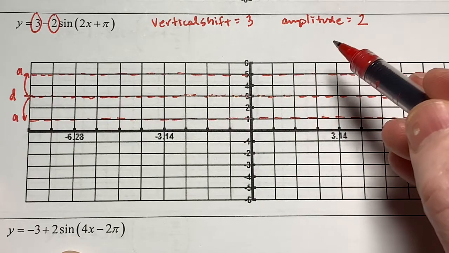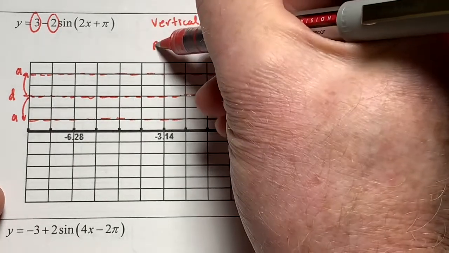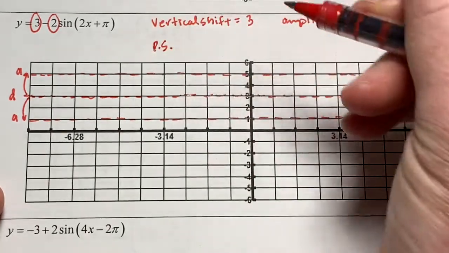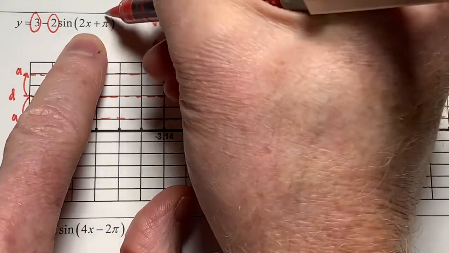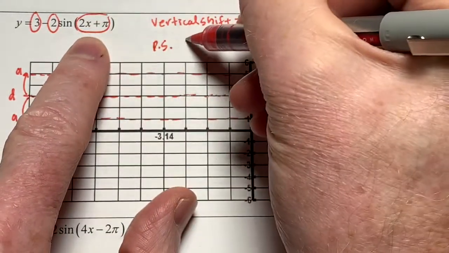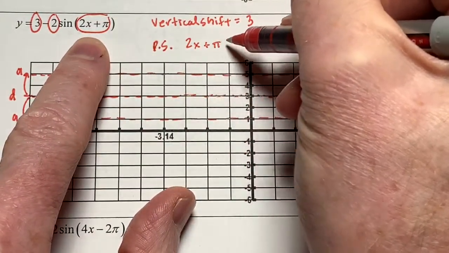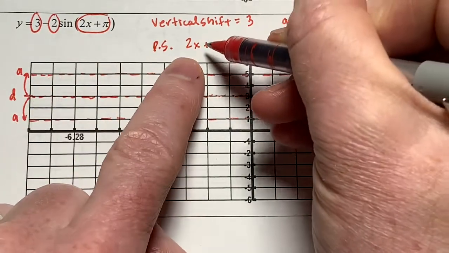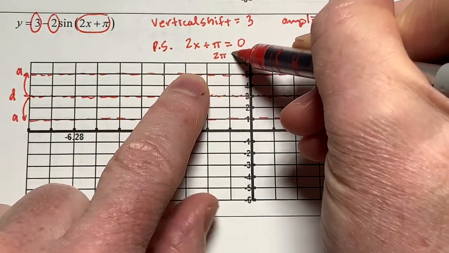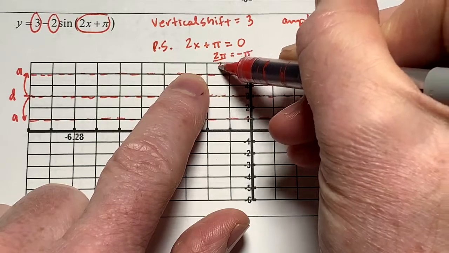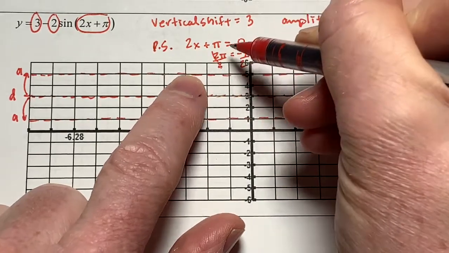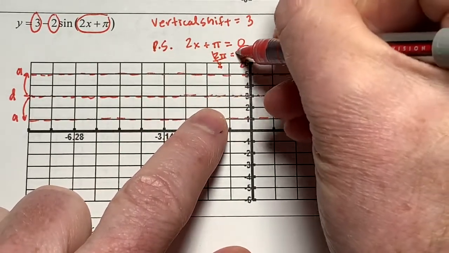The next thing I want you to find is the phase shift. How do we find the phase shift? I said take this, set it equal to 0, and solve. All I have to do is subtract the pi and divide by 2. So that tells me it's negative pi over 2.